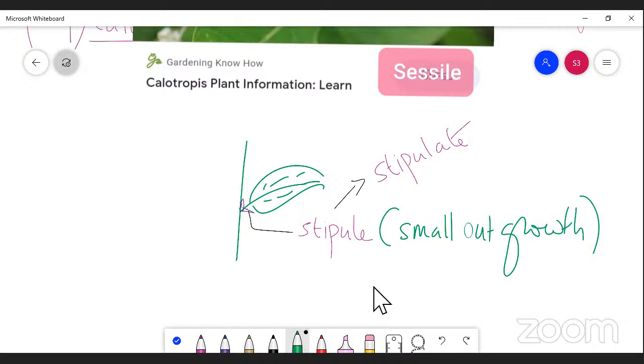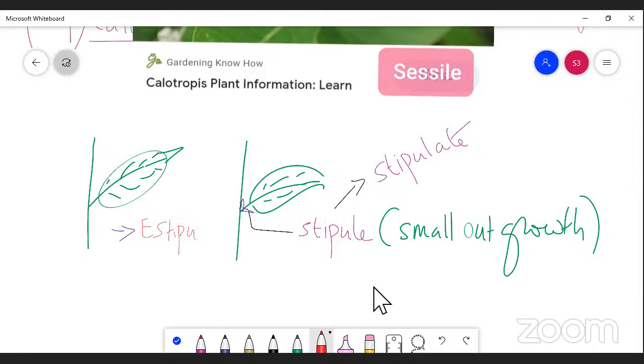Now, this is a leaf in which there is no presence of stipules, right? My dear student, please understand. Here you find that this is a leaf, and there is an absence of stipules. Such a condition is said to be exstipulate, or E-stipulate.